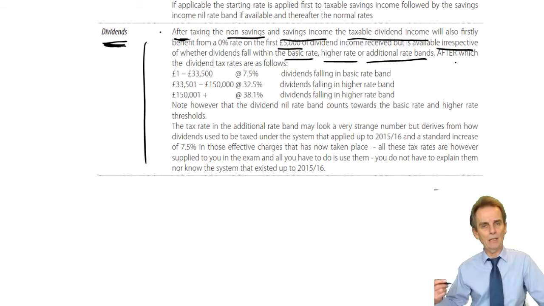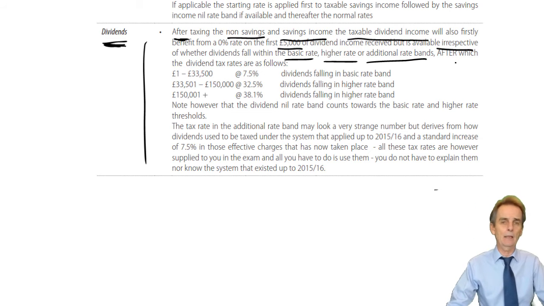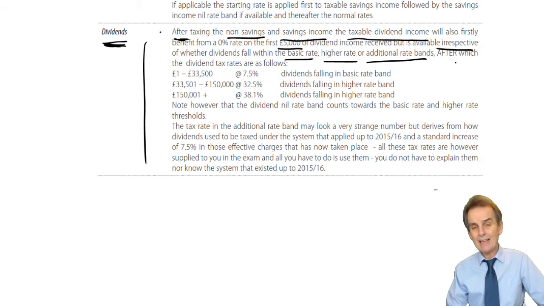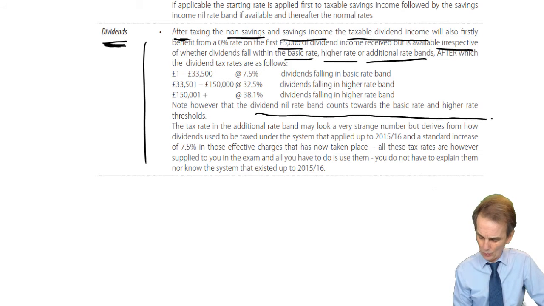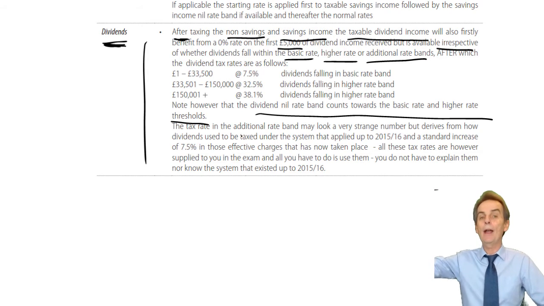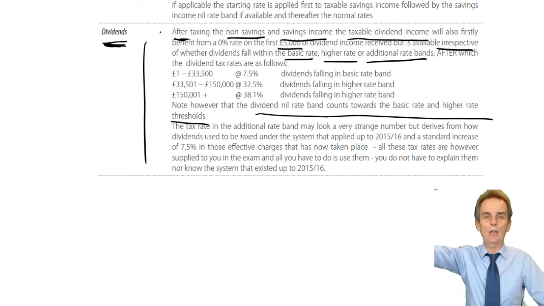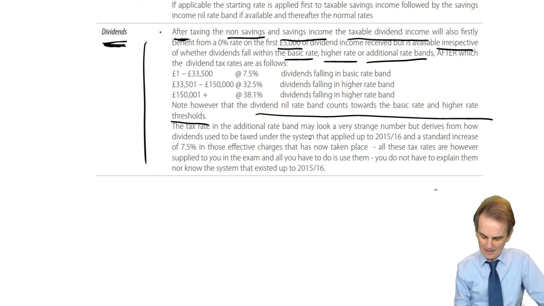But that is a rate band, it is a rate of taxation, and therefore, just as with the savings income starting rate band, the nil rate bands count towards the overall basic rate band limit and eventually higher rate band limit. The dividend nil rate band counts towards the basic rate and higher rate thresholds. So again, it's pushing us ever closer from basic into higher rate and then up into additional rate.